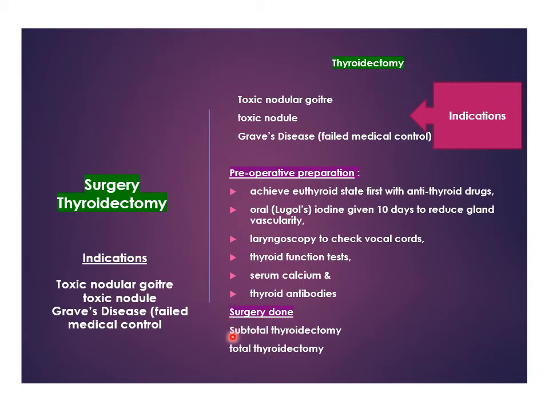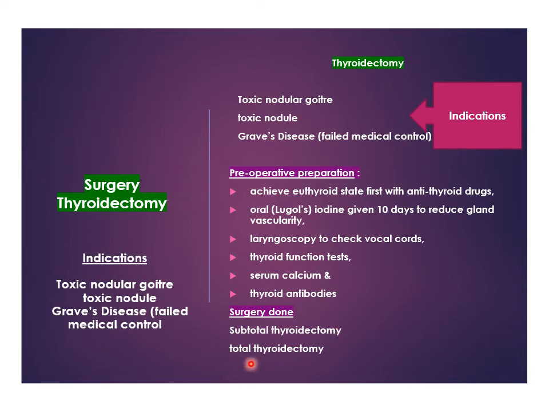The surgery done is subtotal thyroidectomy or total thyroidectomy, depending on the size of the gland. In subtotal thyroidectomy, which is more popularly done, the whole thyroid is removed except for 5 to 10 grams on either side.